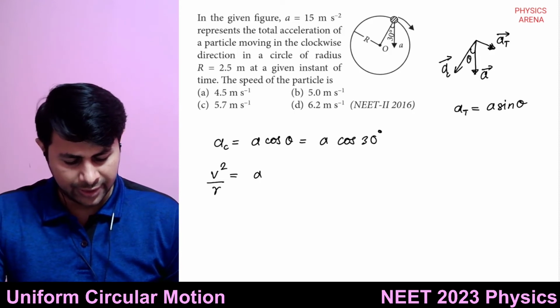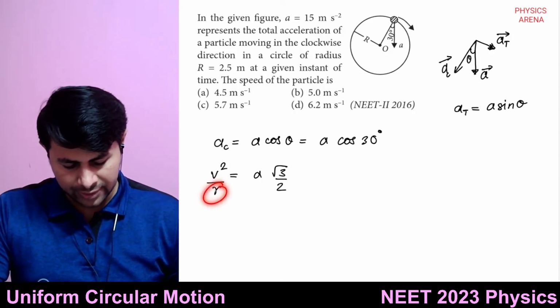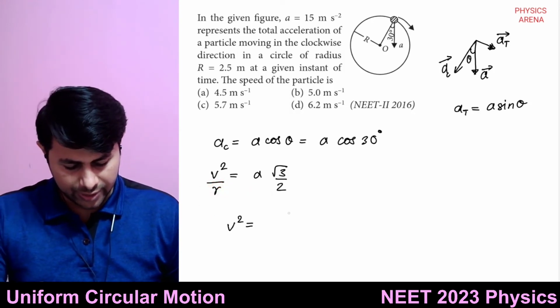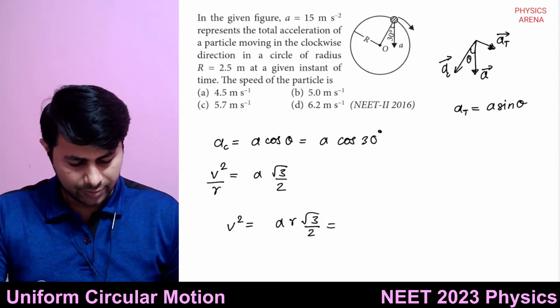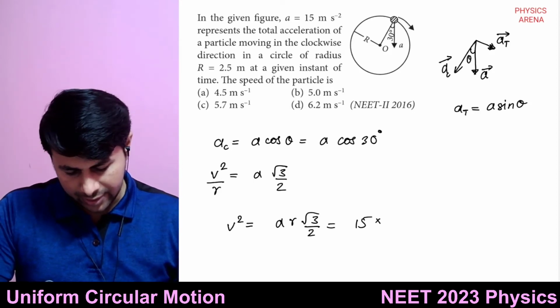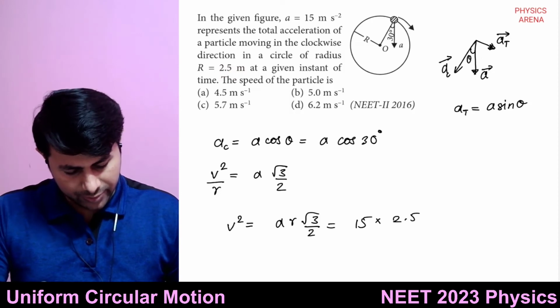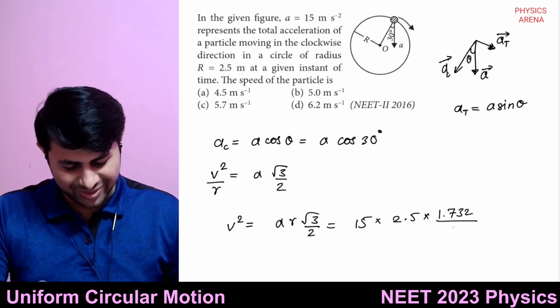It is equal to a times root 3 by 2. So take this r on the other side and you will get v square equals a multiplied by r root 3 by 2. That is, a is 15, r is 2.5. Okay, 2.5 multiplied by 1.732 divided by 2.